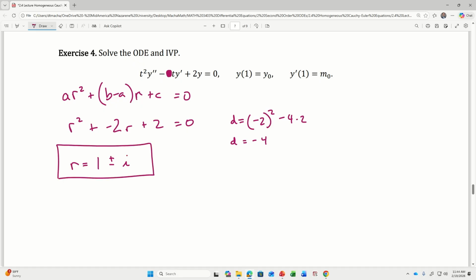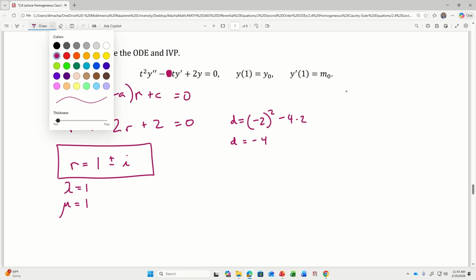There we go. Okay, so I wanted to have complex conjugates for R so that we could work one of these examples together. And so the real part of R is lambda, which is 1. The imaginary part of R is mu, which is 1. So this is going to be a relatively easy solution.